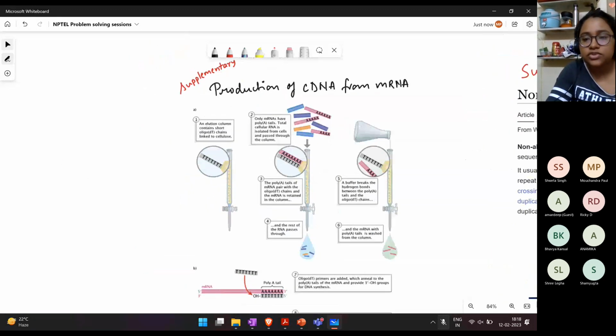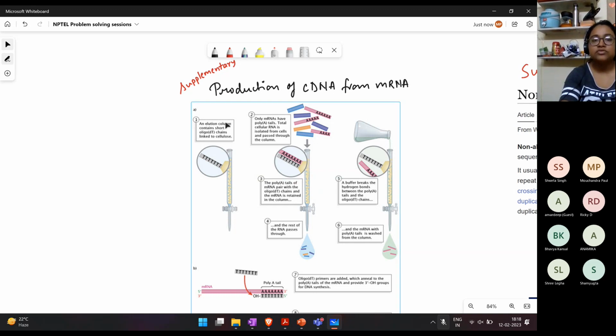So in this diagram, which I've taken from a science article, they have shown how a cDNA is made from mRNA. So first you have to make the fragments. For cDNA, you need the mRNAs, that is the expressed genetic material, which will ultimately give you the proteins. So cDNA are made from the mRNAs.